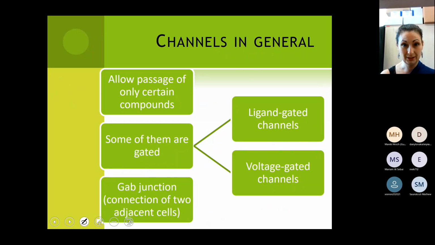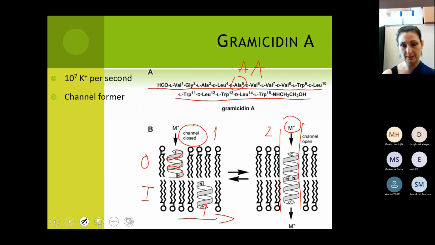Okay, what can we say about channels in general. First of all, the channels created in the plasma membrane allow the passage of some compounds through the membrane. Some of them are open all the time, but some of them are closed, like we saw in this case.